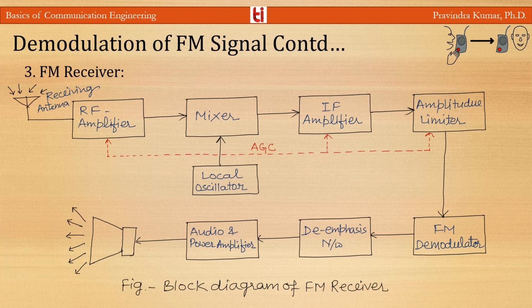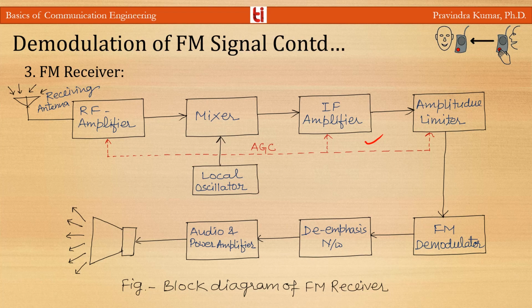However, even though the AM and FM receivers operate on the same principle and the blocks up to the IF amplifier are identical, the FM receiver is different from the AM receiver in different ways.